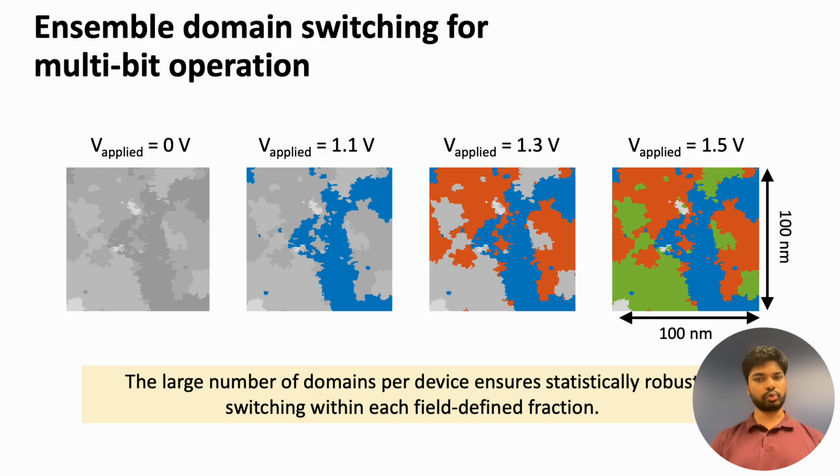This is what keeps the 4 states well separated, and it means multibit operation can be engineered by engineering the distribution of the domain thresholds, even in the absence of partial polarization, as we have established here. One thing to note, however, is that scaling below 100 nanometers by 100 nanometers will result in loss of the statistical variation that enables this type of multibit operation.